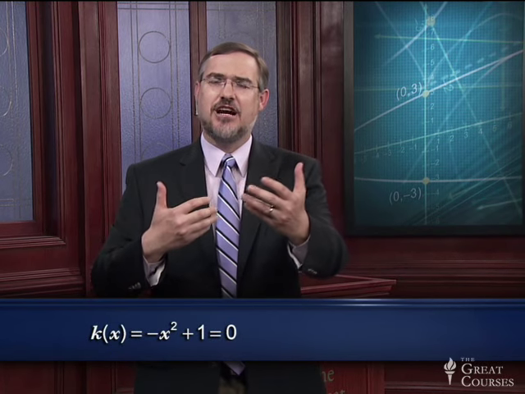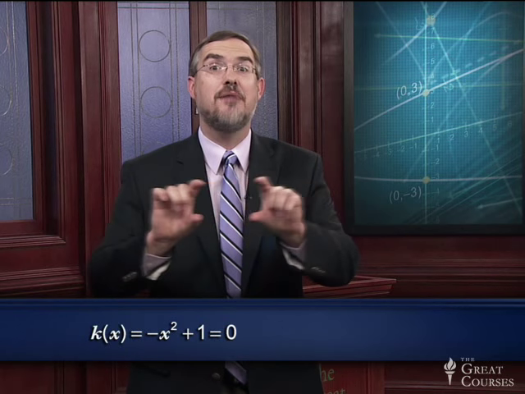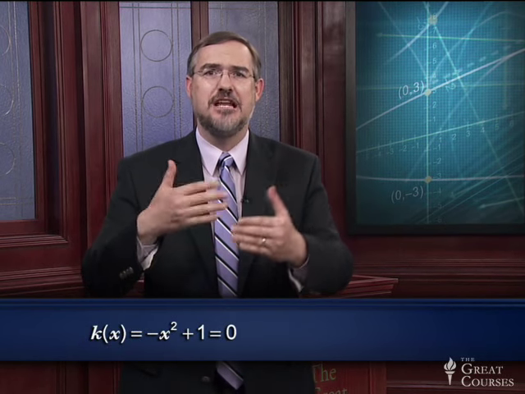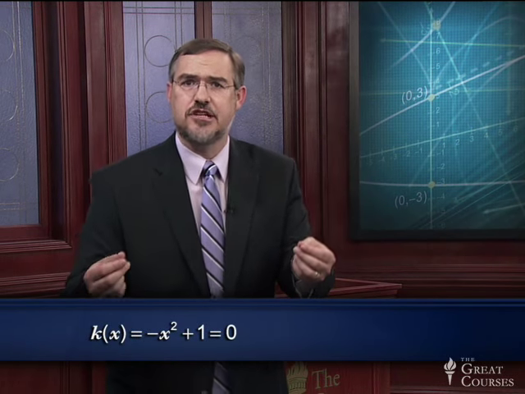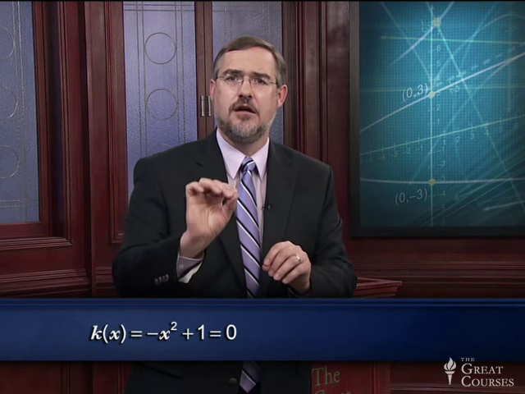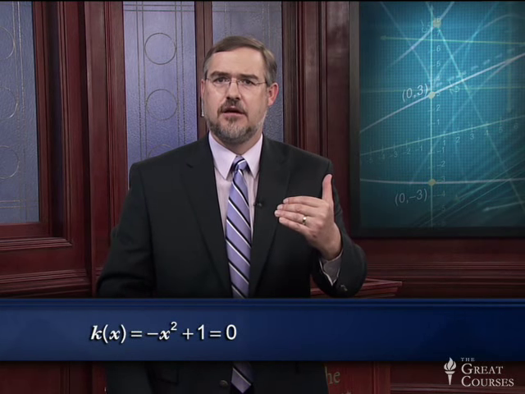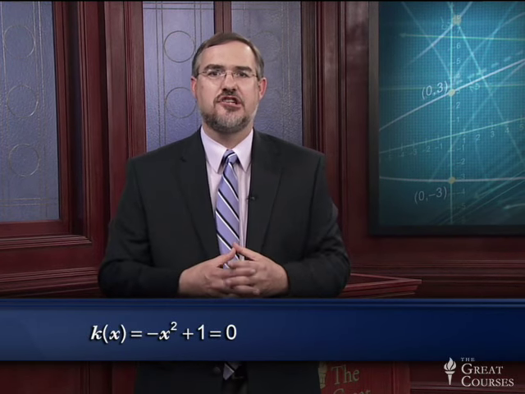You see how I'm now connecting x-intercepts, which is a graphical question, with some algebra, which involves manipulating an equation. So, here we go. To find those x-intercepts, I'm simply going to take the function, negative x squared plus 1, and I'm going to set it equal to 0. And now, I'm looking at an equation. Why don't we see if we could actually solve that?